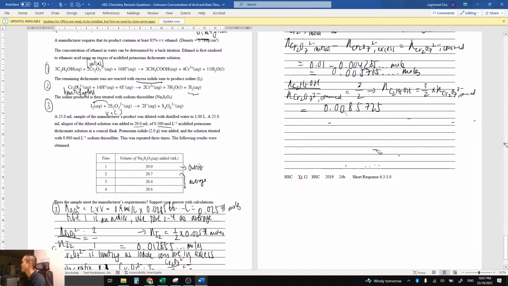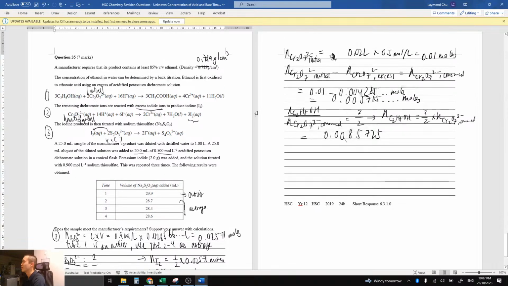So what do we need to do? Yes, of the diluted. So this is the moles of the diluted ethanol.